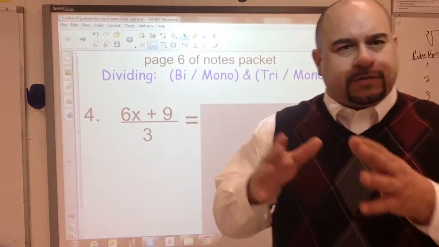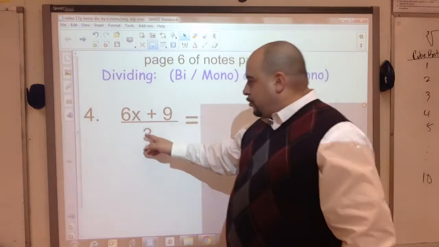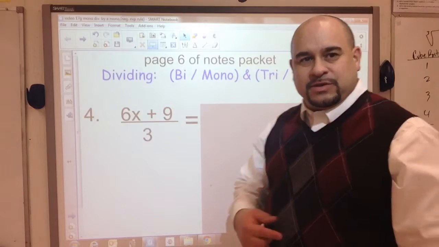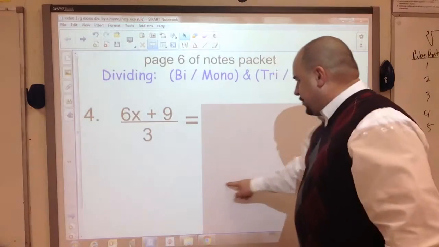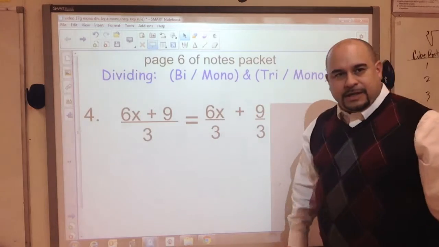What we have to do is take that 3 and divide it into both the 6x and the 9. Sometimes the way I like to show that is by taking the top part and splitting it up.